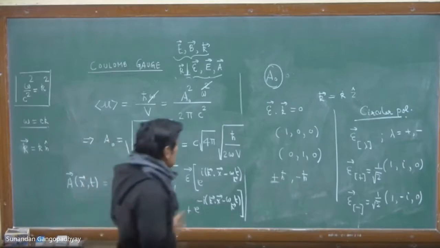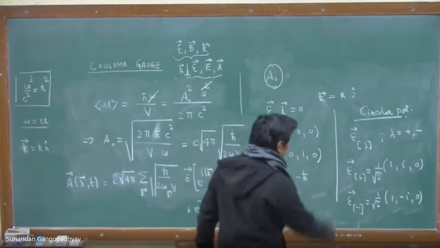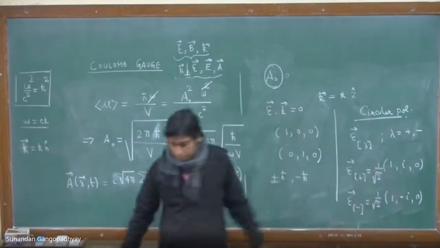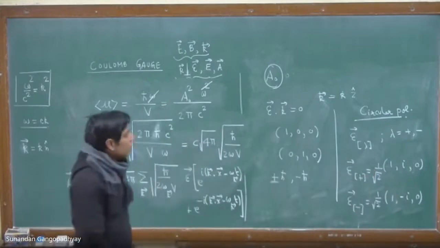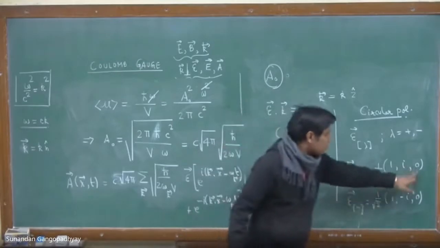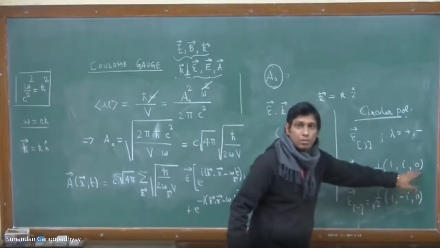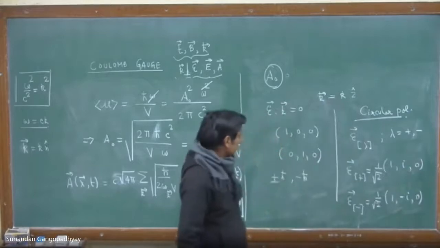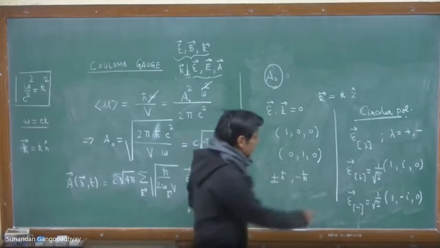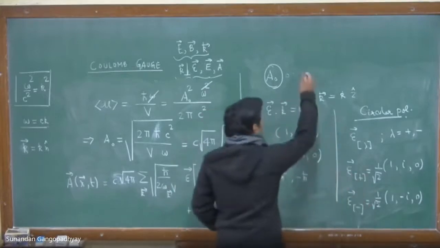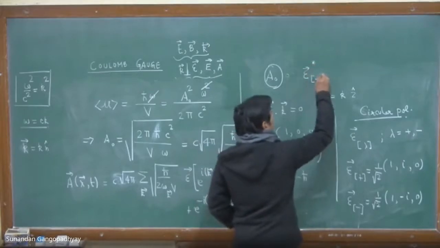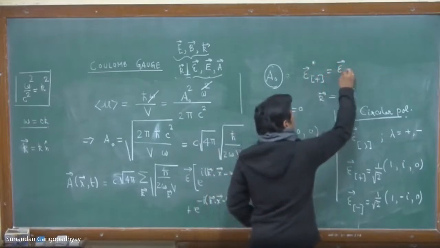One more thing I would just like to mention is that from these circular polarization states that we have chosen, you can obviously see that k dot epsilon is 0 because there is no third component. It's orthogonal to the k vector. And from the choice that we have taken here, we get that epsilon star plus is equal to epsilon minus.